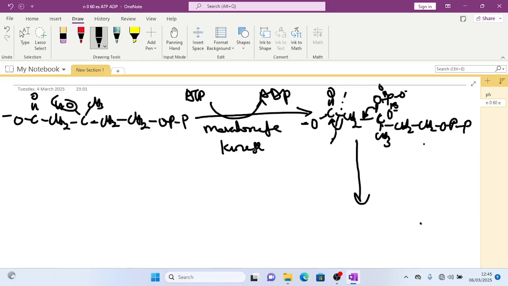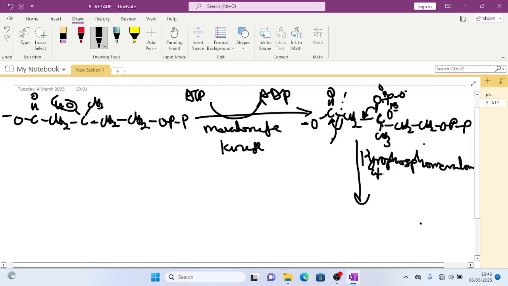So the enzyme is going to be called phosphomevalonate decarboxylase.